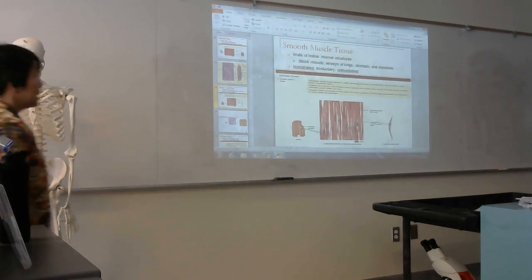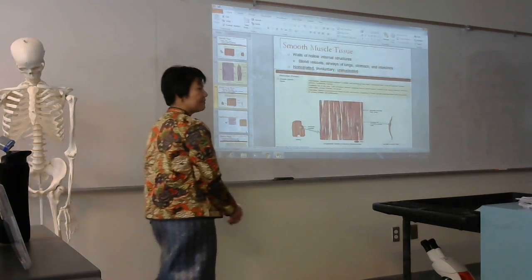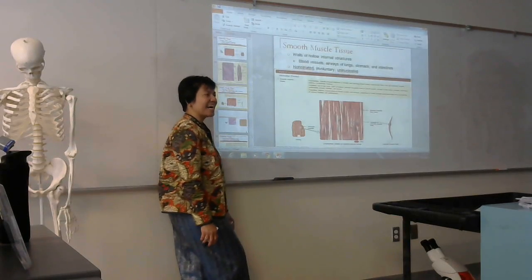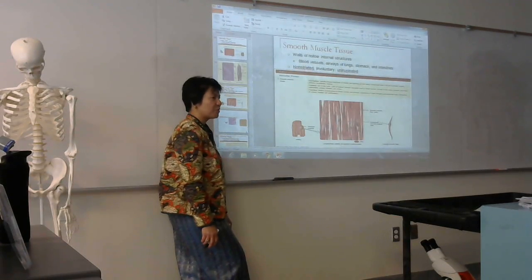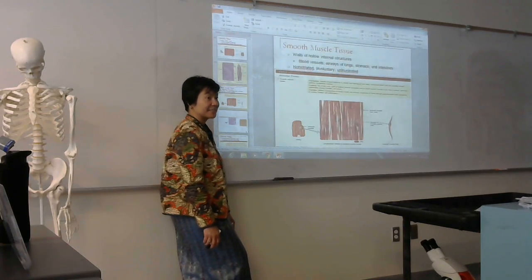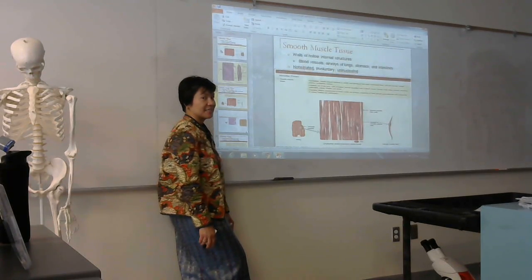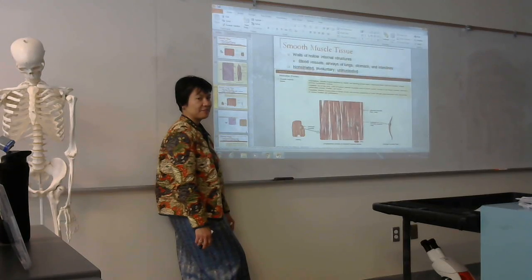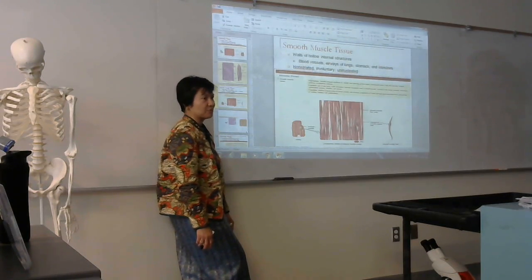Maybe I'll say this: if this got injured, you cannot replace it anymore because of the absence of what organelle? Ribosome? No. For cell division, what's the organelle for cell division? Centrioles. Because they don't have centrioles, they cannot divide anymore.